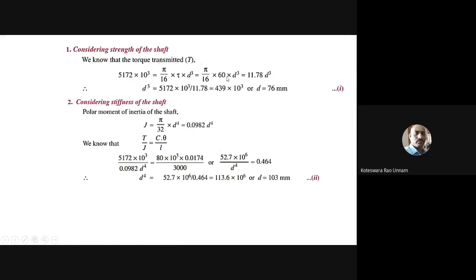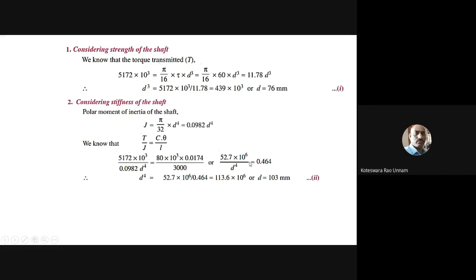If you take 103, we'll get the stress value less than 60. So that is also a safe condition. If you take 103 mm as a diameter, theta is also less than 1 degree. If you take 76, then your stress is 60 MPa, but your theta goes beyond 1 degree. If you want, you can check that also. In this equation, you calculate theta by just putting d equal to 76 mm.